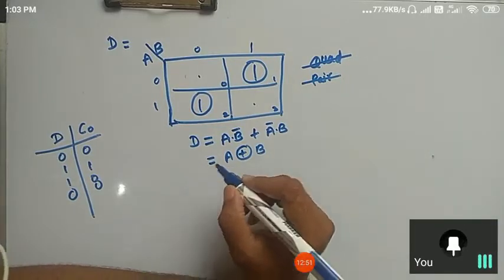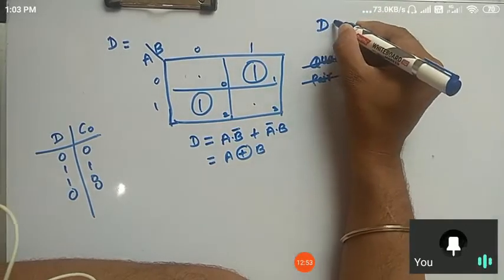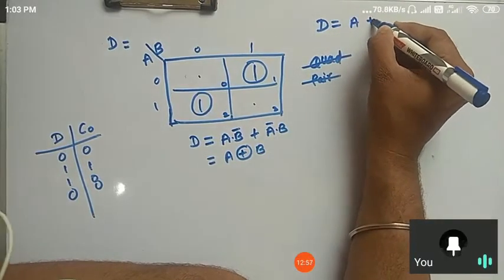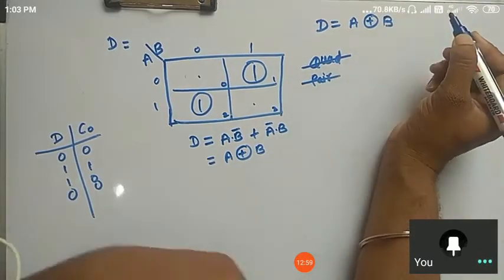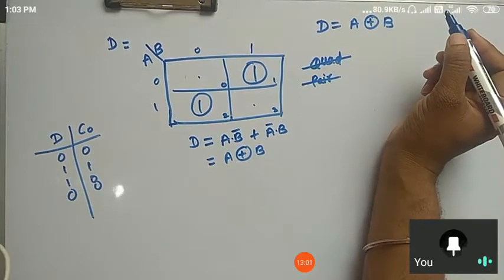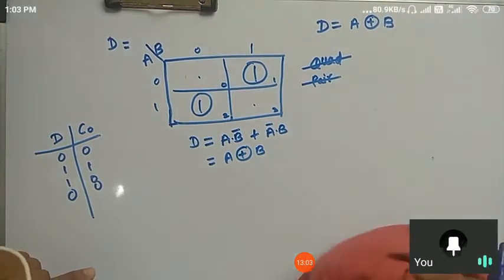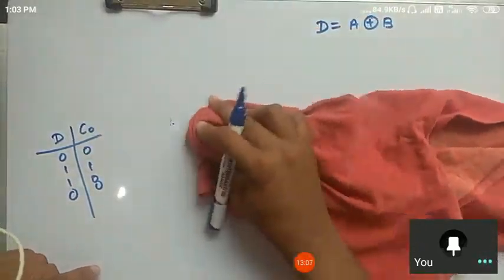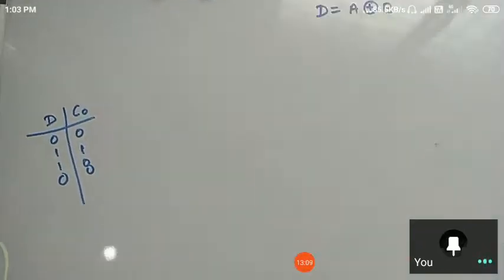So D, the difference of the half subtractor, I got the equation A XOR B, right?